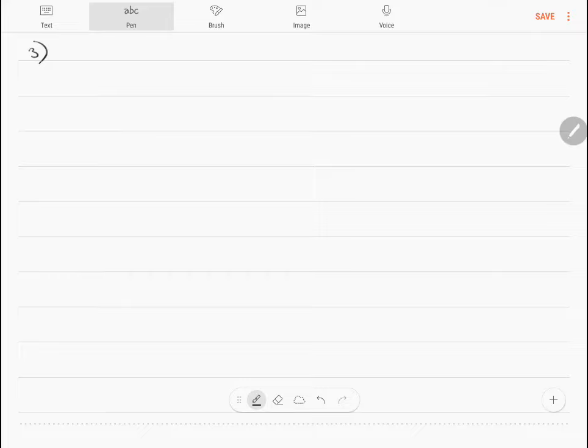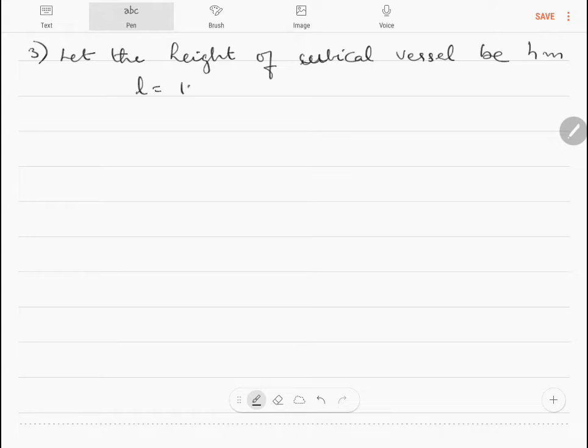Problem number 3. A cuboidal vessel is 10 meter long and 8 meter wide. How high must it be made to hold 380 cubic meters of a liquid? Let the height of the cuboidal vessel be h meters. Now the length is 10 meters, breadth is 8 meters.